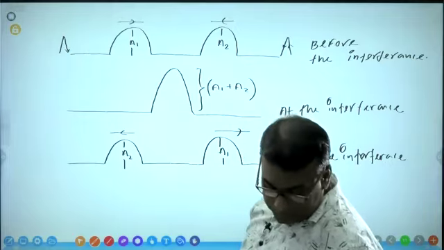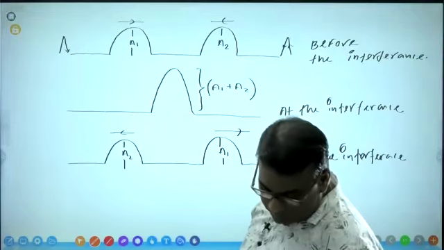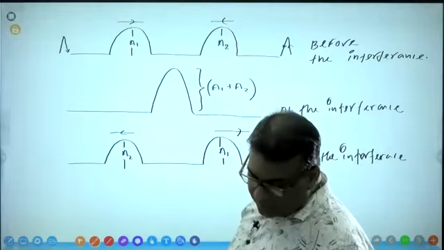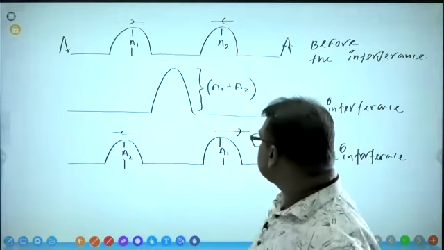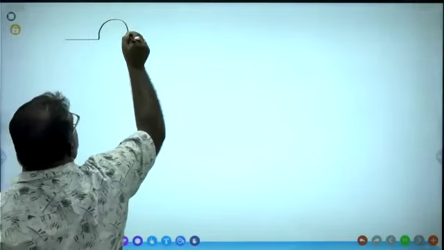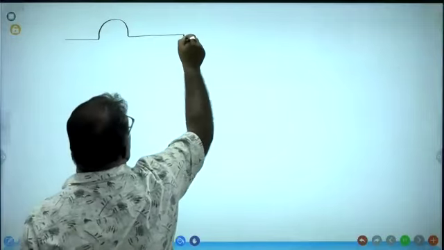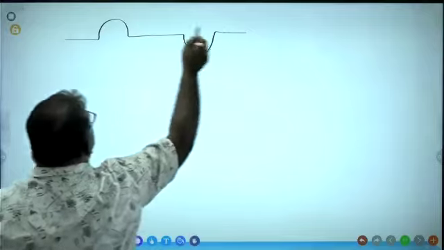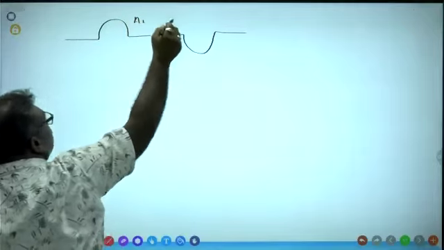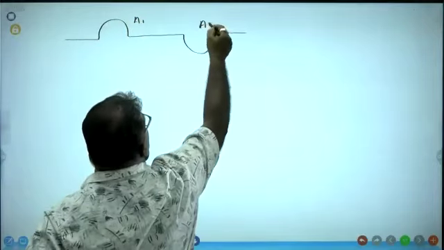Okay, next one. How would you explain destructive interference by using the string like this? It is possible to take it like this. Here we have a crest, and here we have a trough, with the amplitude of A1 and here with the amplitude of A2.